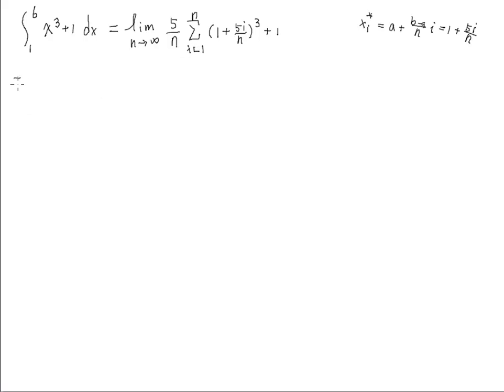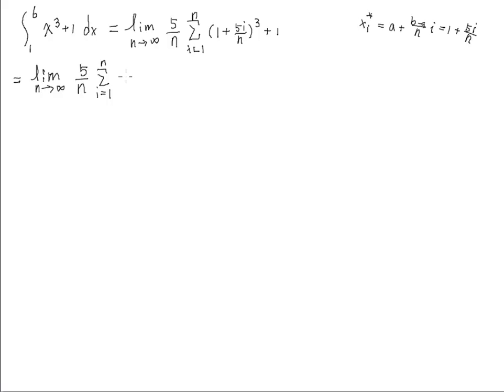So what we have over here is the limit as n approaches infinity of 5 over n, copy, and sigma over here. Now we use the formula for a plus b cubed.